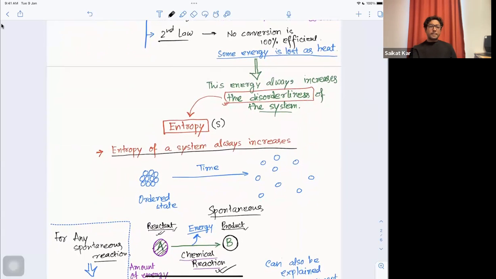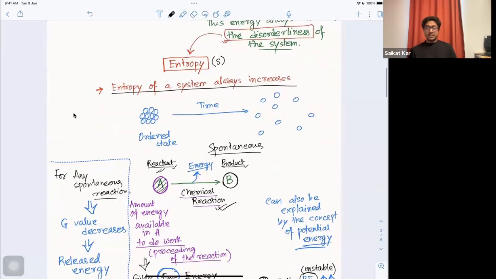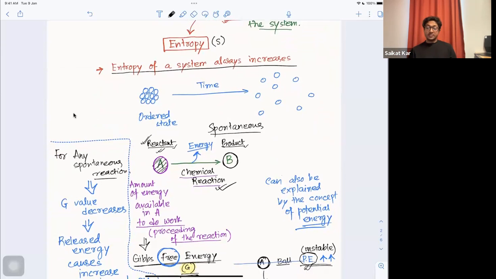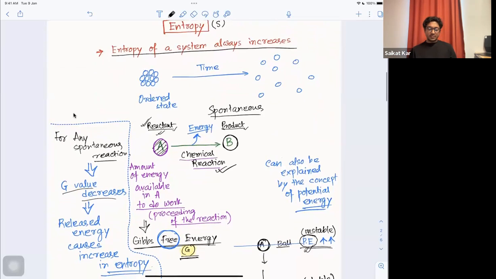Now, in a system, we have seen what happens in the case of chemical reactions occurring inside a cell. Say in a reaction, A is converting into B, so some energy is getting released, because in any spontaneous reaction, the free energy value always decreases.